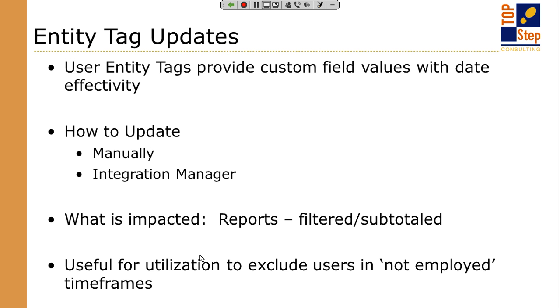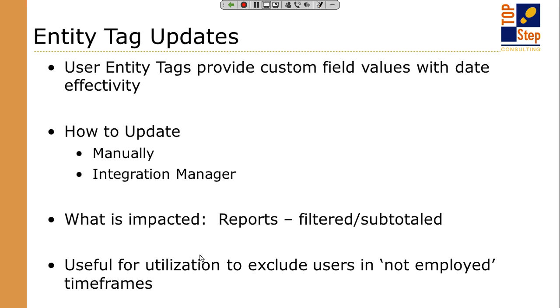How you would update that, the only challenge I see with entity tags is the maintenance of them. So consider the maintenance if the feature sounds good to be using. Entity tags are really nice on reports. They reflect through correctly on subtotaling and filtering, and they give you that sort of date index with fields that you don't normally have a date association with.